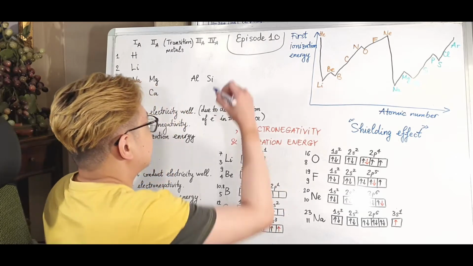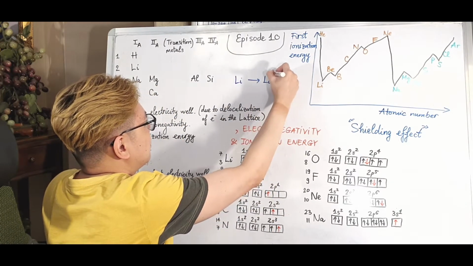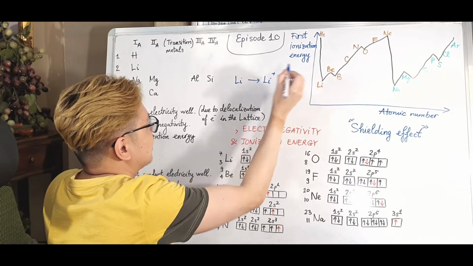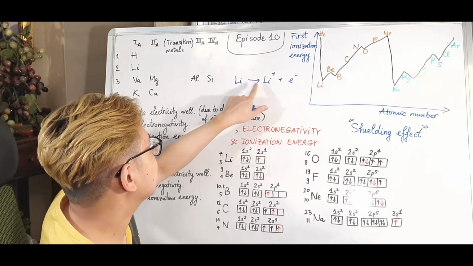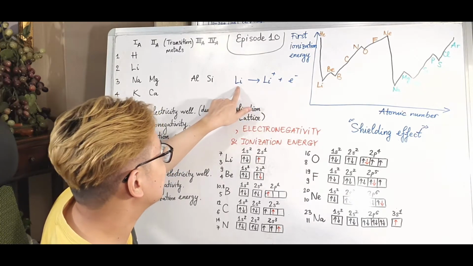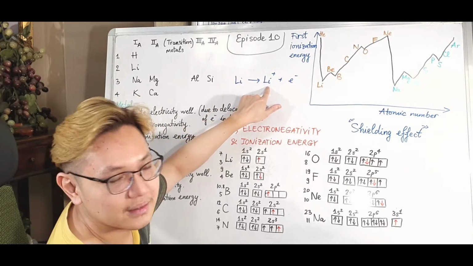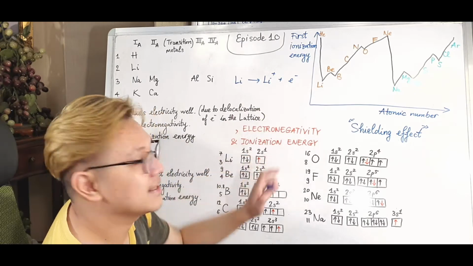So basically, let's say I want to turn lithium into lithium plus and one electron. The energy required to remove one electron from the lithium, so it becomes from a neutral atom to an ion, in this case a cation, is called ionization energy.